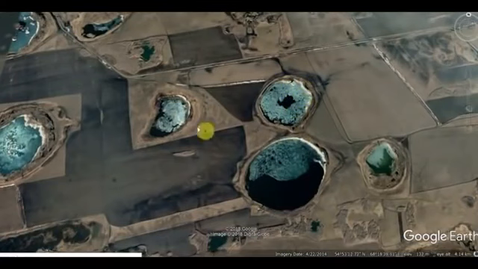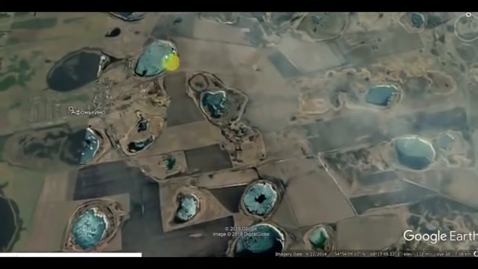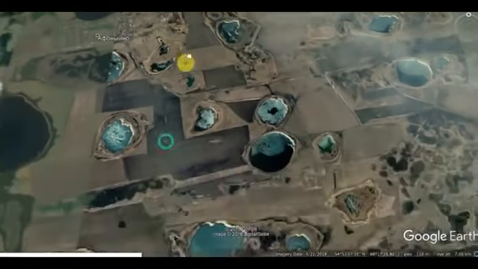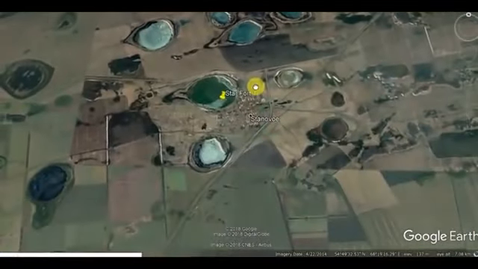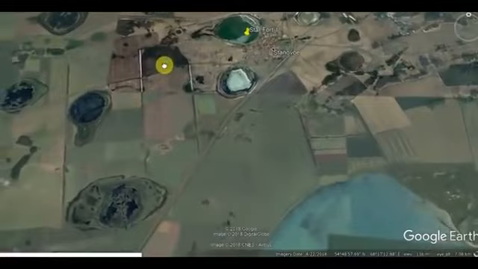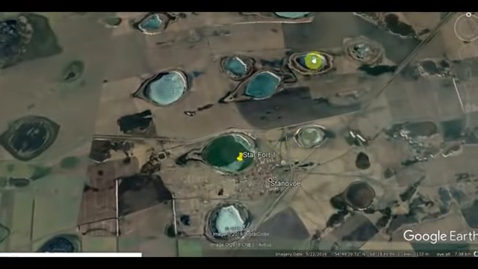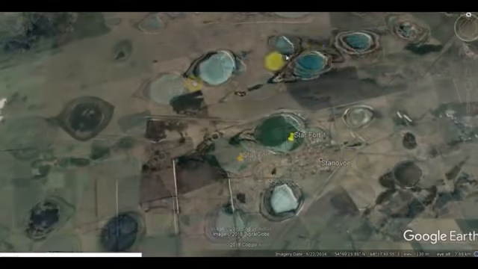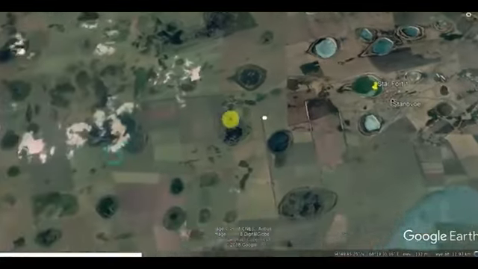So again, a lot of these have sandy rims, and they all seem to be pointing in the same direction. Now, there will be some that don't have sandy rims, but I'm just pointing out there definitely appear to be some that have sandy rims. So that's one connection. Now, can we find some that are overlapping? I believe we can.